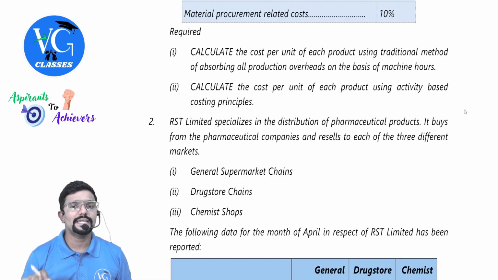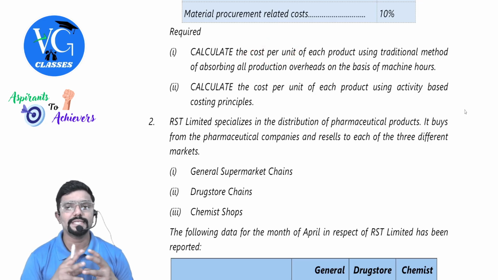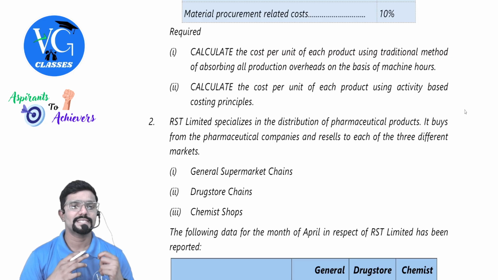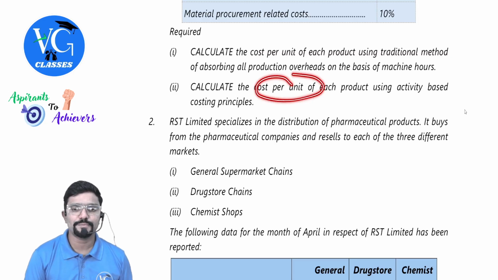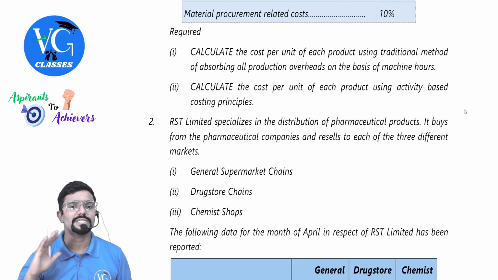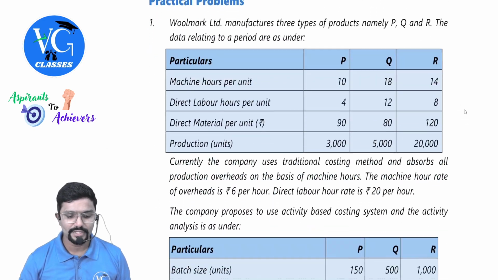Required: calculate the cost per unit of each product, per unit they have asked, using the traditional method of absorbing all production overhead on the basis of machine hours. Second, calculate the cost per unit of each product using activity-based costing technique. This is all about the question.